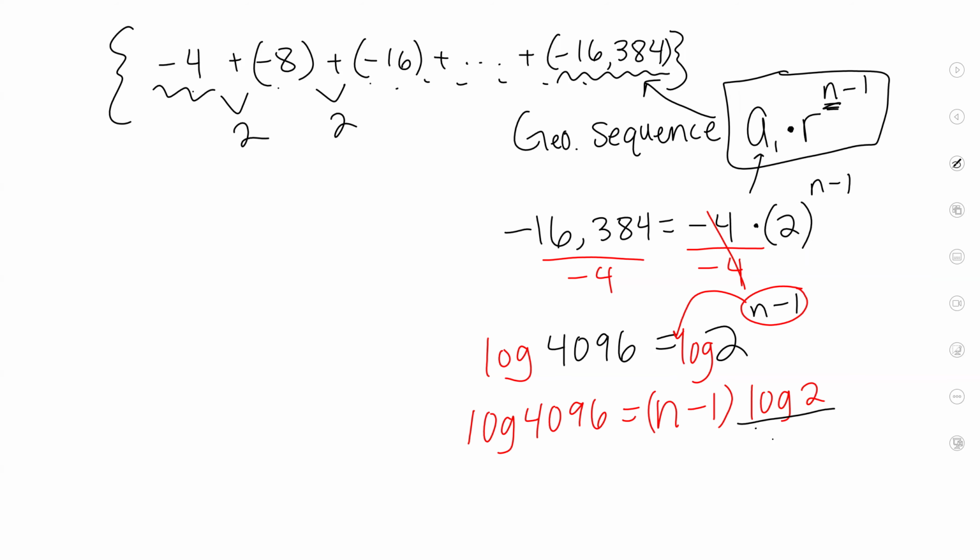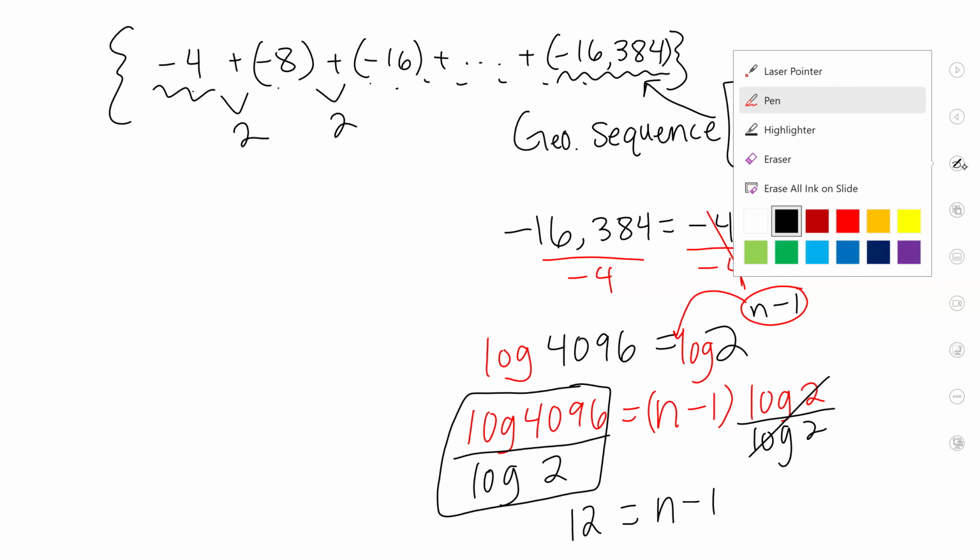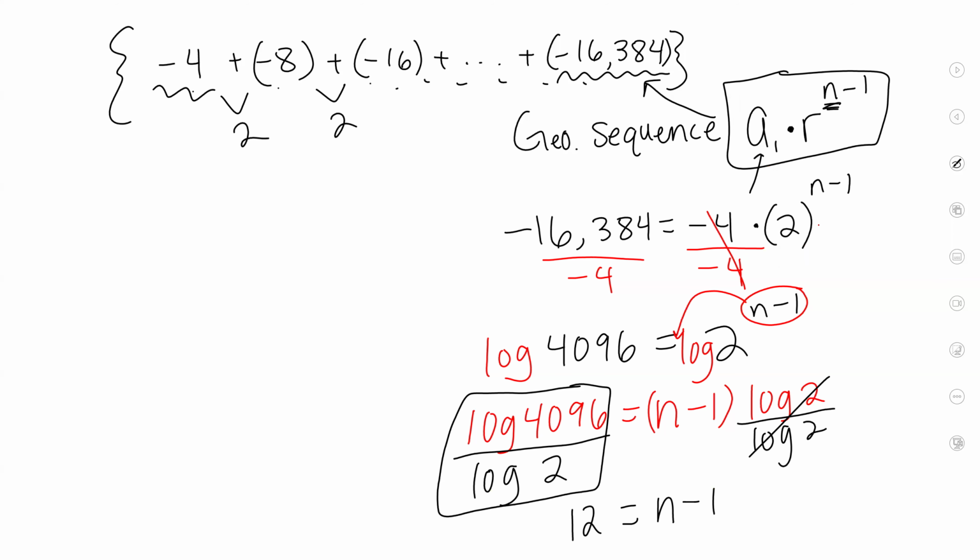Yes, divide by log 2. Divide this side by log 2. If you put this into your calculator, you will get 12 equals n minus 1. Finally, I'll just add 1 to both sides, and I get n equals 13.